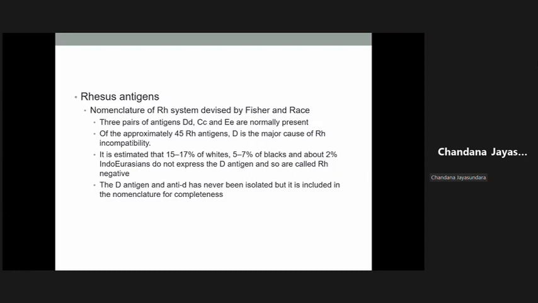Okay, hold on. The D is the major cause of RH incompatibility. E and C can also cause some sort of hemolytic disease of the newborn, but D is the major culprit. That's why we say D is the major cause of incompatibility.